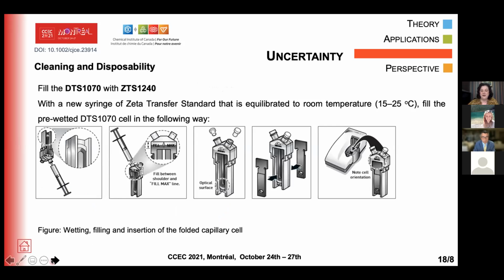And finally, one really important thing is the way that you clean and fill your sample in the cell.